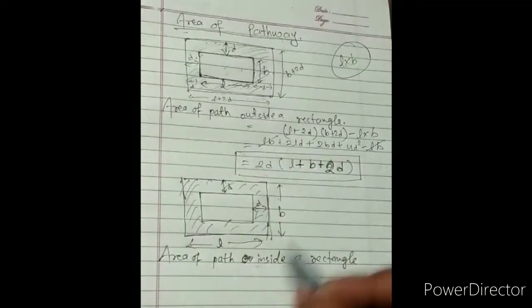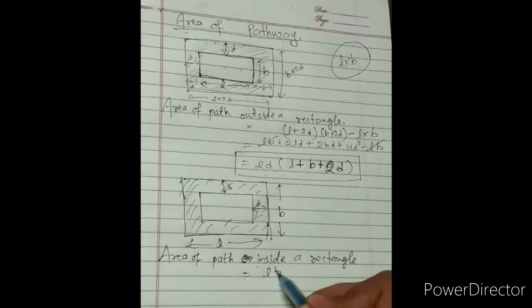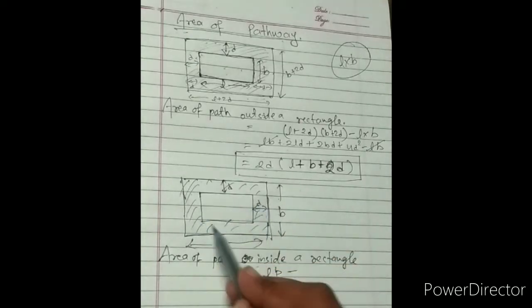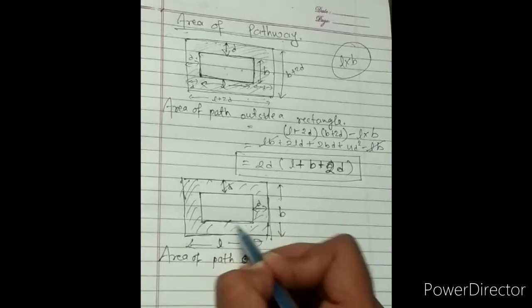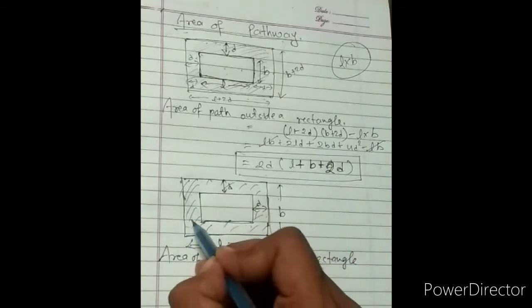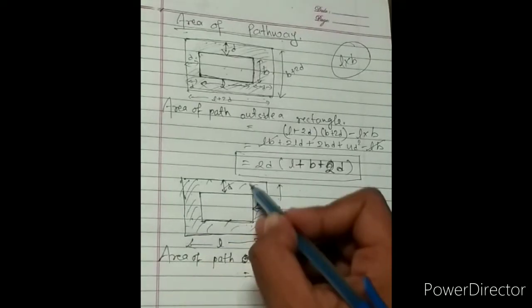So what is the formula? First of all, the outer part is L into B minus the inner part. This is L minus 2d, this is B minus 2d. This length is L minus 2d, because the total is L, and d and d are subtracted, so L minus 2d into B minus 2d, length into breadth.